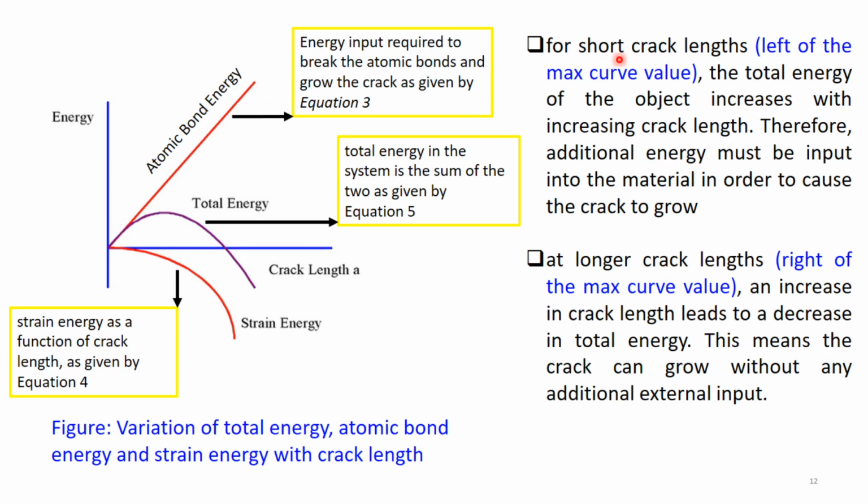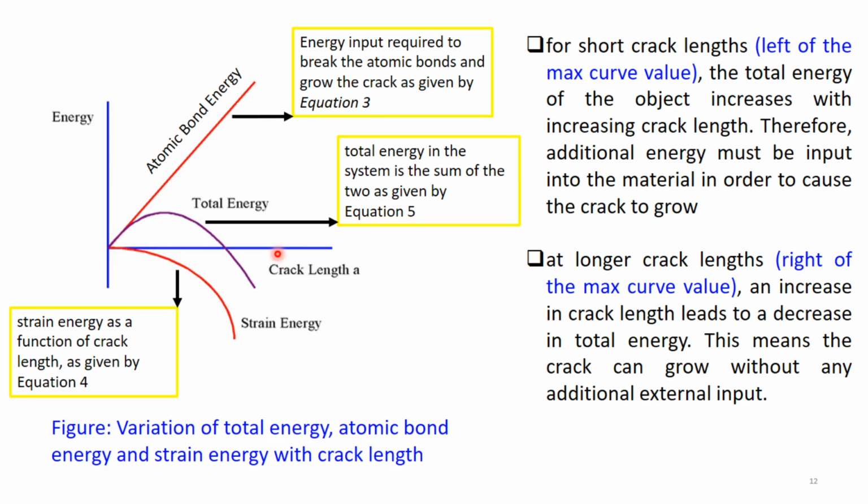So we are only discussing short crack lengths, so the total energy keeps on increasing up to the maximum value with the increase in crack length. But after that, the total energy drops sharply with the increase in crack length.